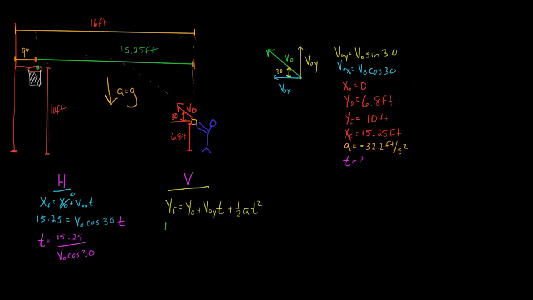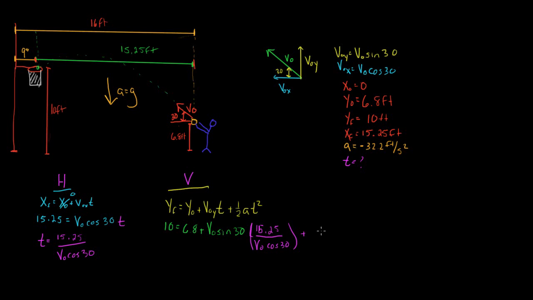And if we do that, we have 10 right here is equal to our initial 6.8, plus our y component of velocity, v0y, which is equal to v0 times sine of 30. So v0 times sine of 30. And we want to substitute in for t the expression we just found, so t is equal to 15.25 divided by v0 times the cosine of 30.